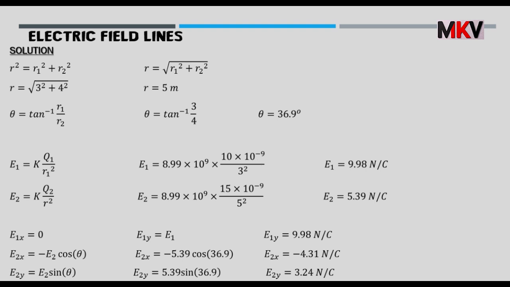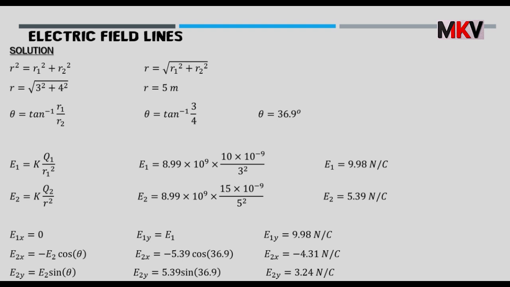Then our distance R1 is 3, so we square that. Then we get 9.98 Newton per Coulomb. Now we move to E2. We do the necessary substitutions: E2 is equal to 8.99 times 10 to the power 9 times 15 times 10 to the power minus 9, all over 5 squared. And E2 gives us 5.39 Newton per Coulomb.